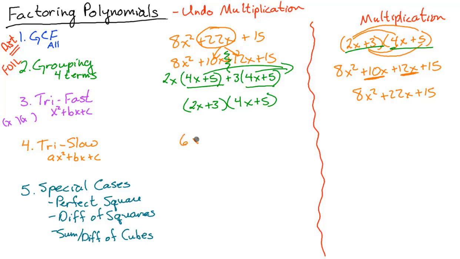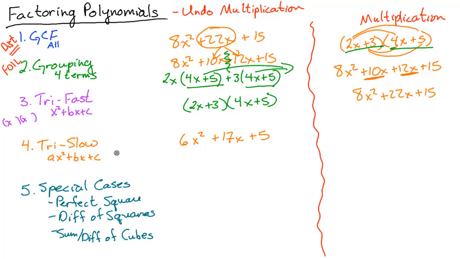If you have something like 6x squared plus 17x plus 5, here's the secret. This middle number is messed up from the easy, fast way, the purple way, by this 6. That's the thing. The 6 has to be included. So what you do, you take 6 times 5, the first coefficient, the leading coefficient, a, times c.